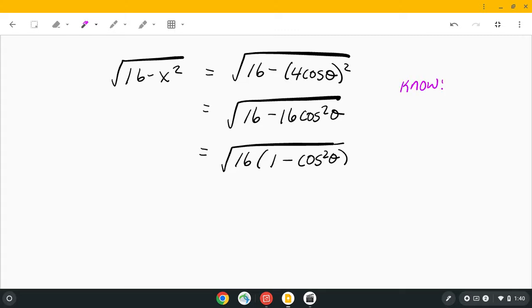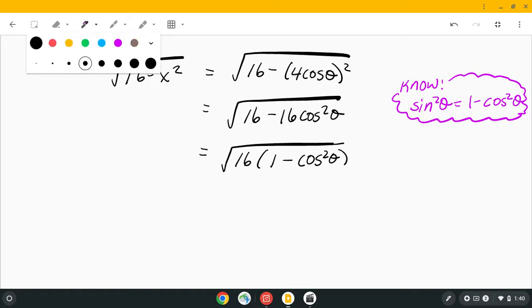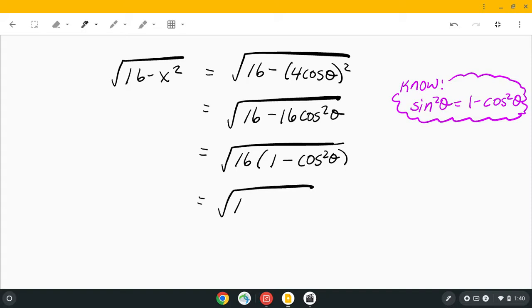We know that sine squared equals 1 minus cosine squared, from the Pythagorean identity. So then I'm going to replace that. The 16 will stay, but instead of writing 1 minus cosine squared, I'm going to write sine squared.